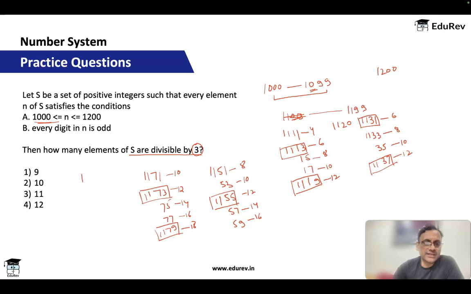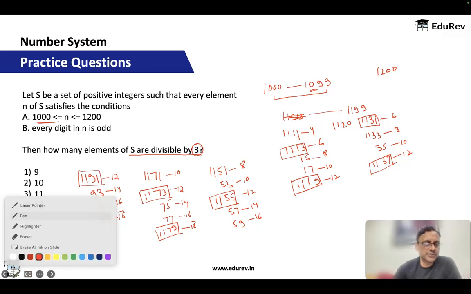And then the 1190 series, 1191. This gives you a total of 12. So you'll get two numbers here. Then 93, 95, 97, so 14, 16 and 18. So yes, 1191 and 1197.